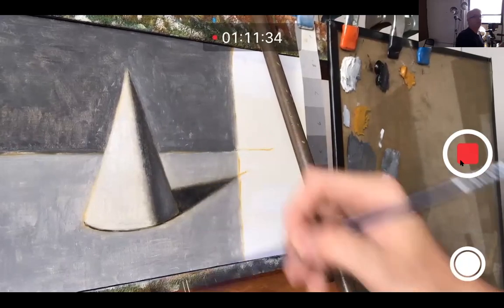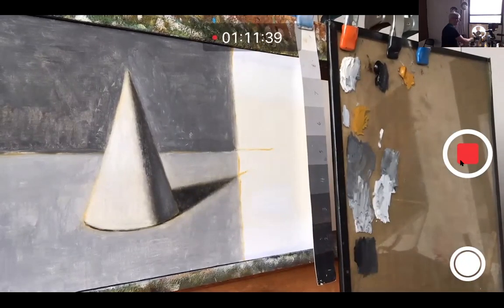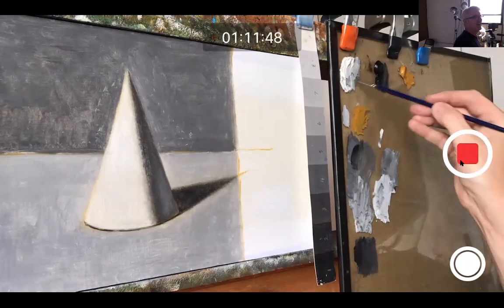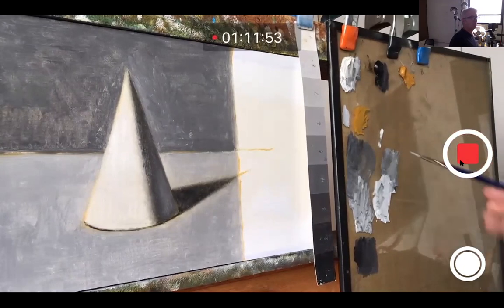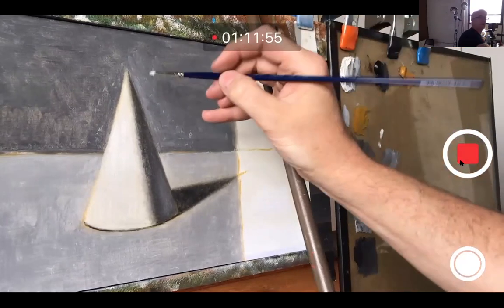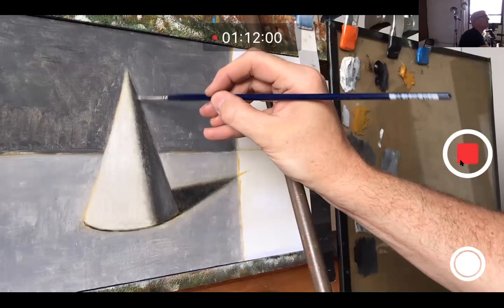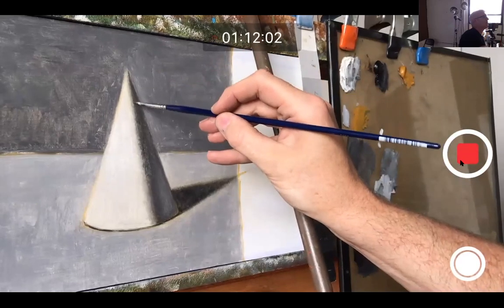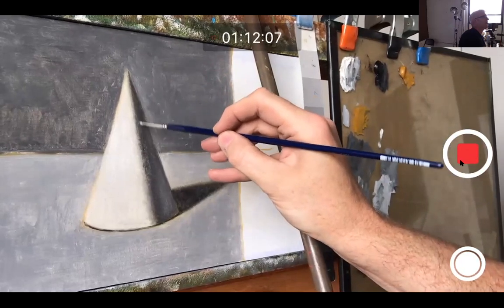As I was talking, I was just cleaning up, clarifying that shadow edge. And so this kind of painting is, we're constantly adjusting and nudging the values we put down until our painting is doing exactly what we want it to do.